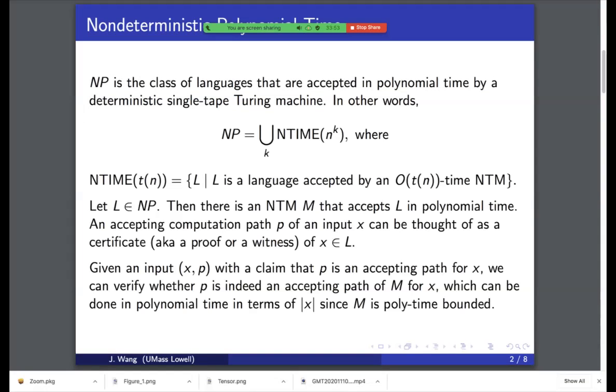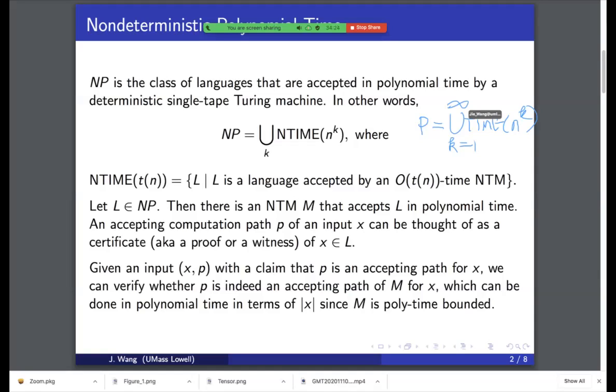Remember when we define P, we just use deterministic time, which is P is the union of deterministic time n to the k, so k from 1 to infinity.